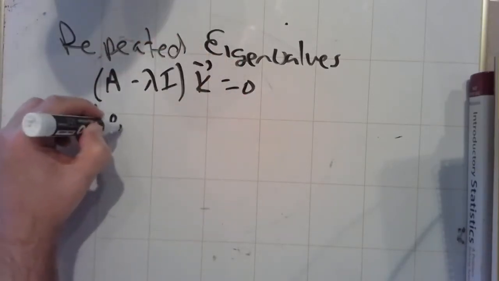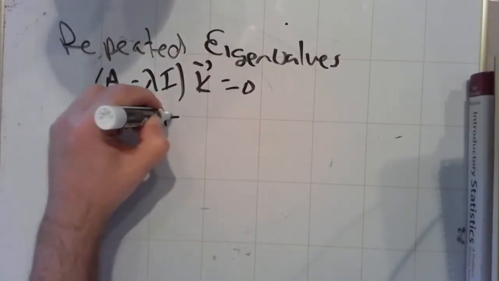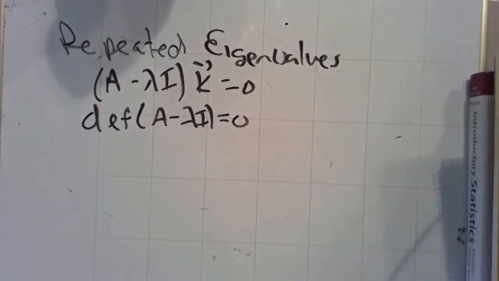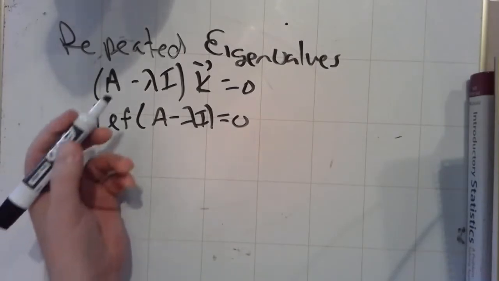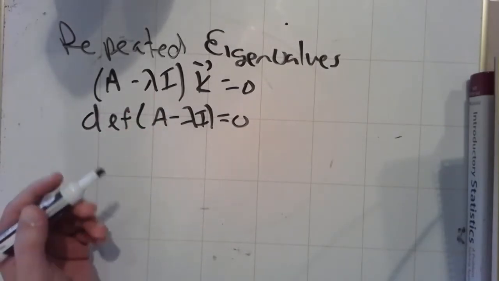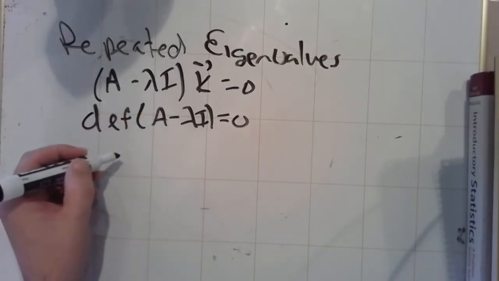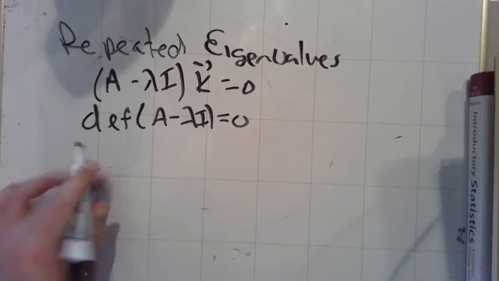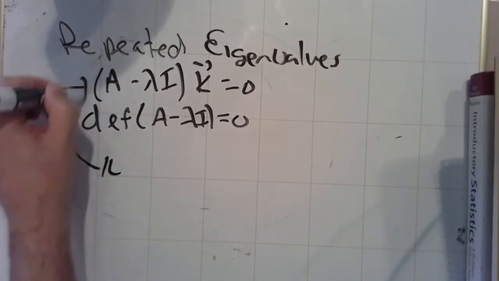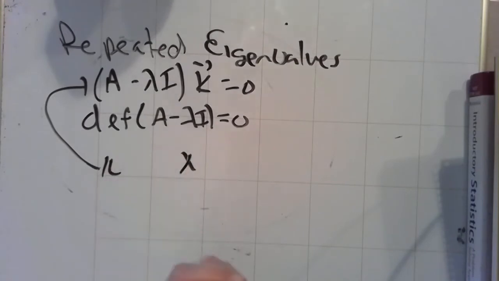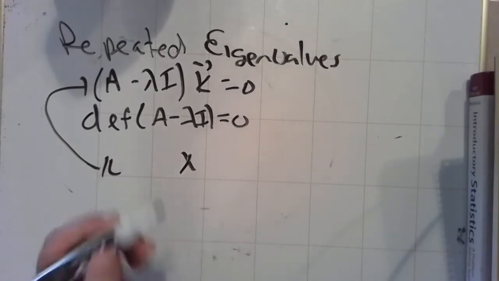We do the determinant of A minus lambda I equals 0, and we get our solutions, but we get a repeated eigenvalue. We get the same eigenvalue pop up more than once. Then once we get that, we still need to find k using this, and then we need to add on some extra stuff to find our first solution.